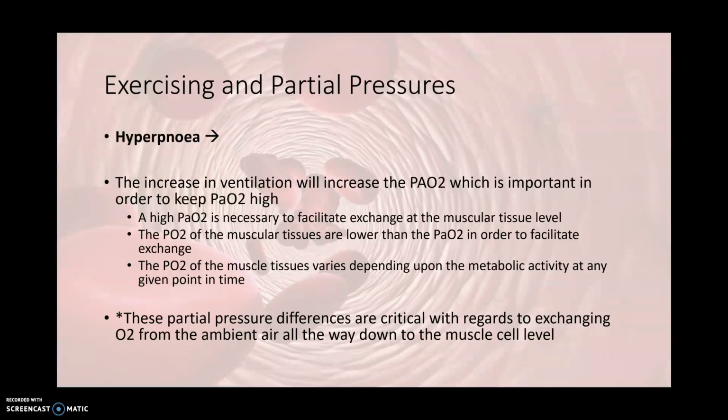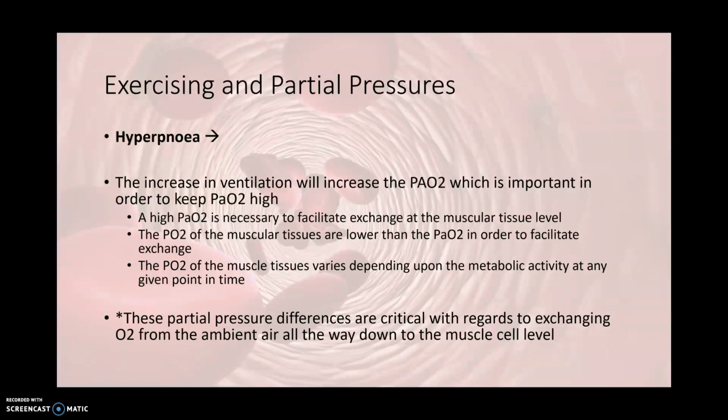The increase in ventilation will increase the alveolar partial pressure of oxygen, so capital P A O2, which is important in order to keep the arterial partial pressure high, so small P a O2. A high arterial blood partial pressure is necessary to facilitate exchange at the muscle tissue level. That makes sense, right? Because arteries are carrying blood to the muscle tissues.